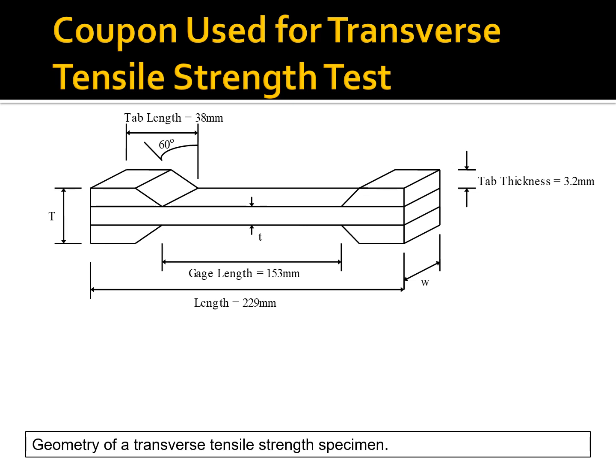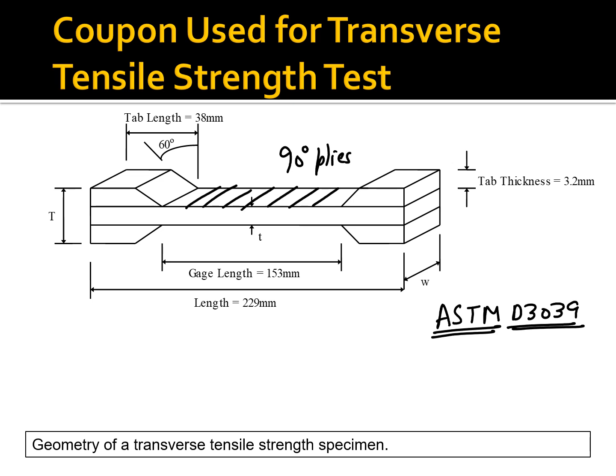So the next thing is, how do we find out the ultimate tensile strength in direction 2, or the transverse tensile strength, experimentally? If you remember your longitudinal tensile strength, we used the ASTM D3039 standard. We're going to use exactly the same standard here as well. The only difference will be that we'll have the coupon with 90-degree plies, because, of course, we are finding the transverse tensile strength.